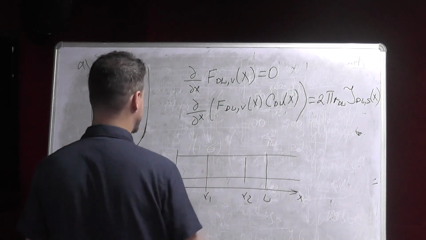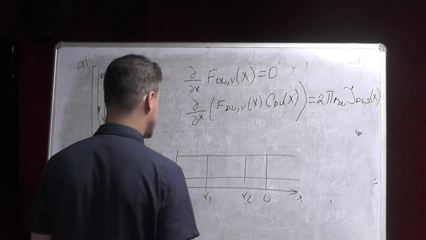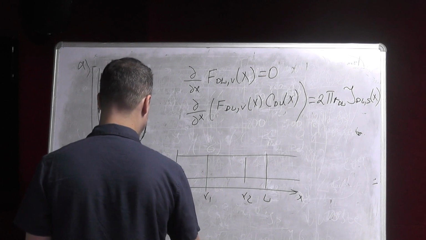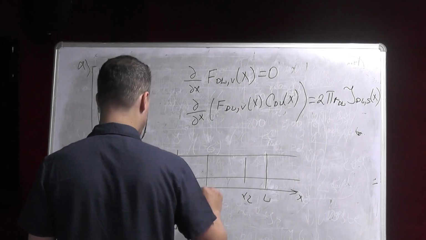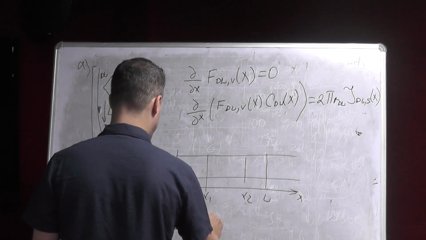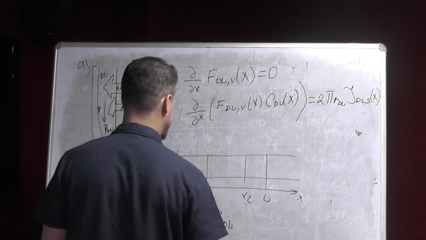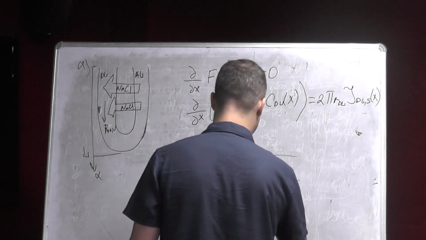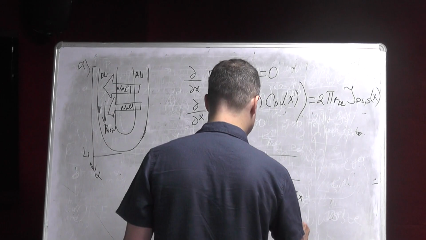This parameter will not change because we're assuming that this particular membrane is impermeable to water. Then we have to take into consideration how the flow of the solute changes across the membrane, and we're considering what we have in position 1, x1.